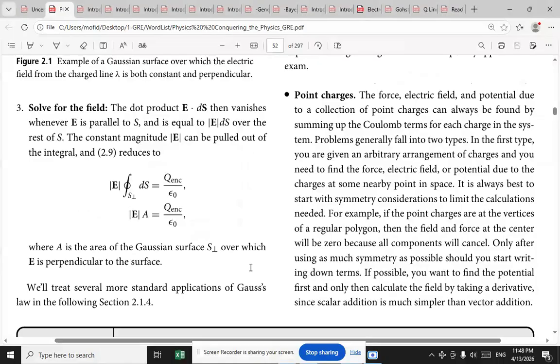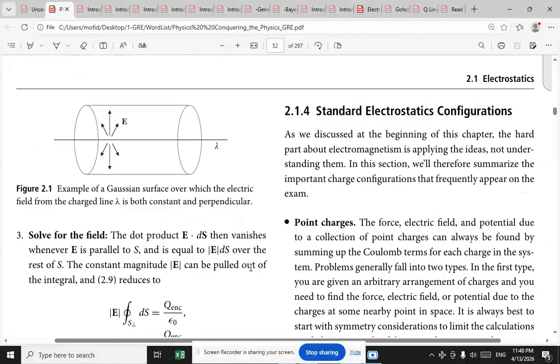We will treat several more standard applications of Gauss's law in the following section, 2.1.4.